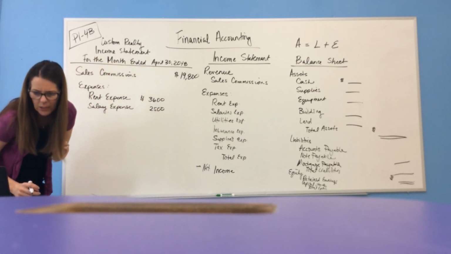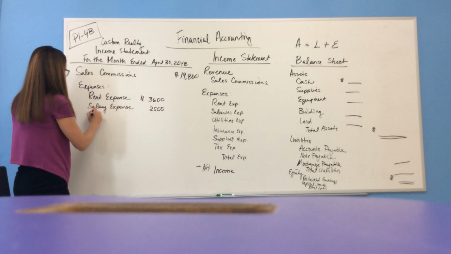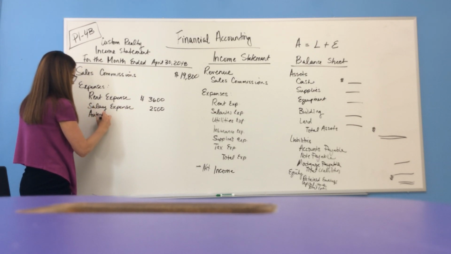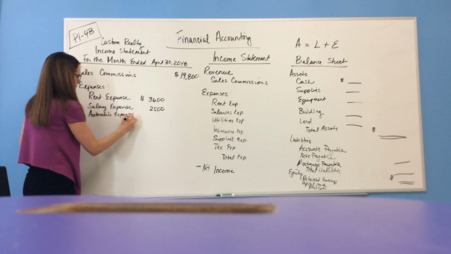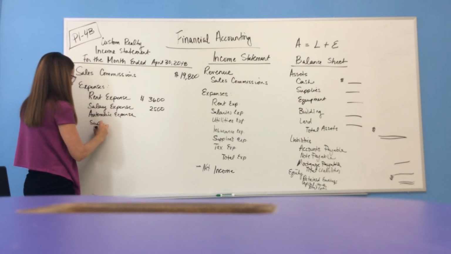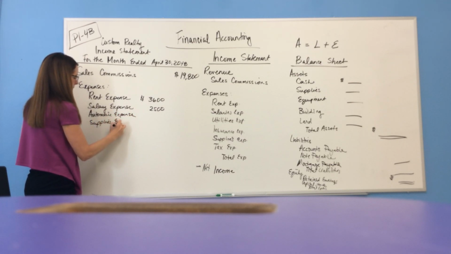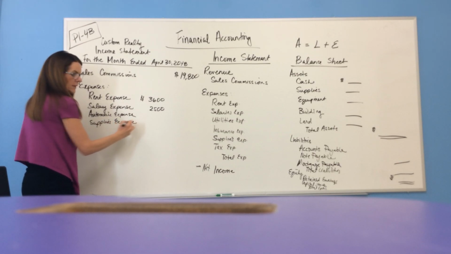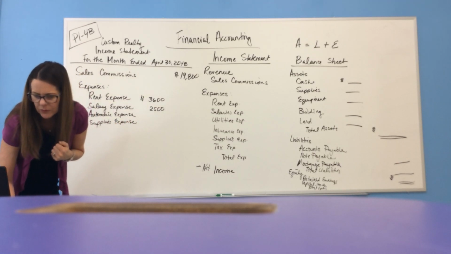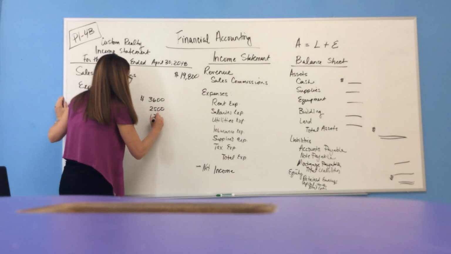And then I'm going to keep going. I've got automobile expense and supplies expense. And those numbers are going to be 1,350 and 900.